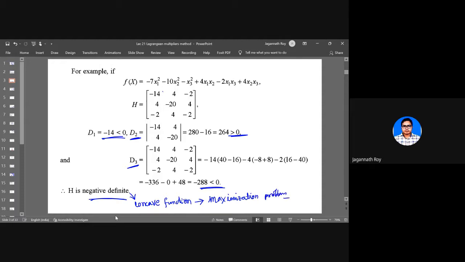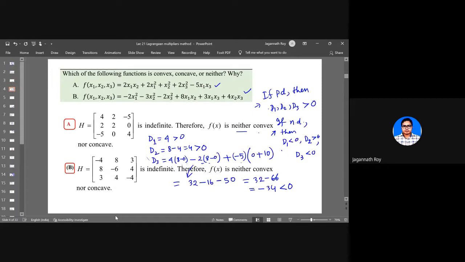Similarly, if we have this one, these two examples are from our midterm. It is just simple: take the minors. There is no need to find the eigenvalues because it will take much time. We can see that some of these are not satisfying. D1 is positive, D2 is positive, but D3 is negative, so this is indefinite.